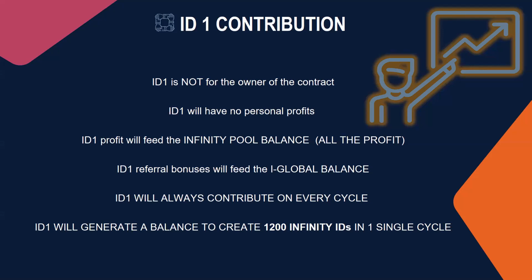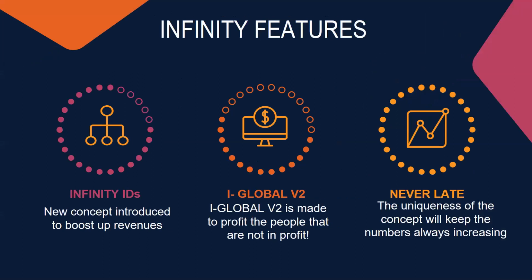Okay, going forward, Infinity features. What we have as a conclusion of the Infinity concept: we have the Infinity IDs, a new concept introduced to boost revenues and momentum, and to boost the flow of movement from one level to another. iGlobal version 2 is made to profit the people that are not in profit.